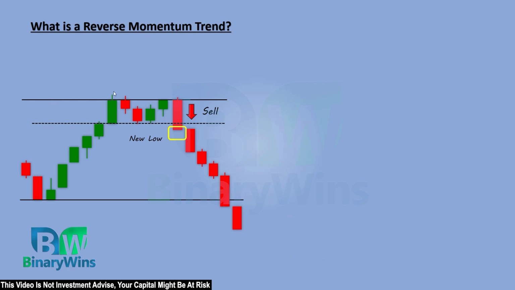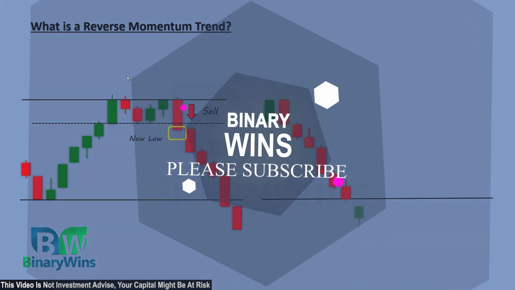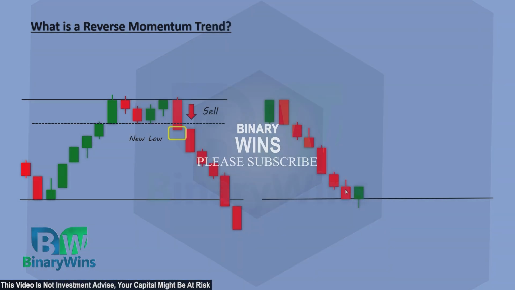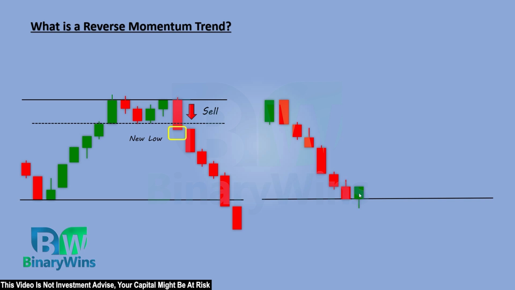Also, contrary to the direction of the figure on the left, pay attention that after seeing the green candlestick, the trend does not return and the reverse momentum trend is not formed.